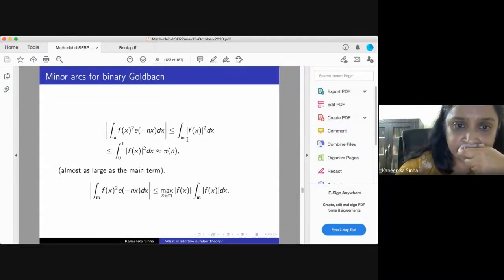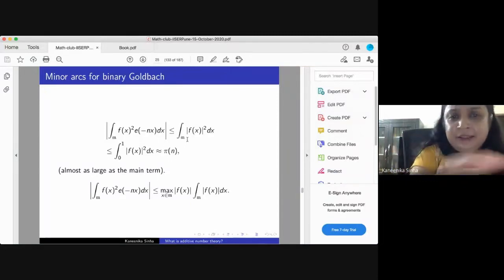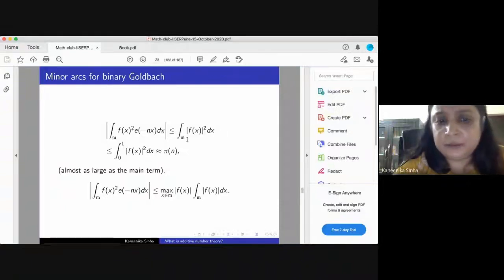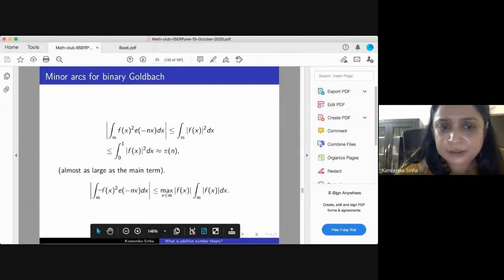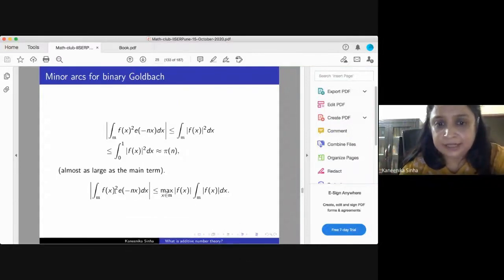Okay, so to get over this problem, what you do is you just keep manipulating and looking at this expression from different points of view. So once you take the absolute value inside, what you can do is bring one of the absolute f of x outside and keep the other one inside.